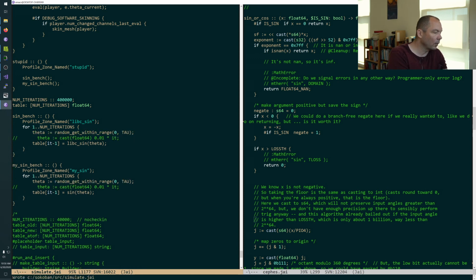I mean, then we've got a random function in the mix, but it's the same for both of them. Or we could store the angles. Here's what we'll do.